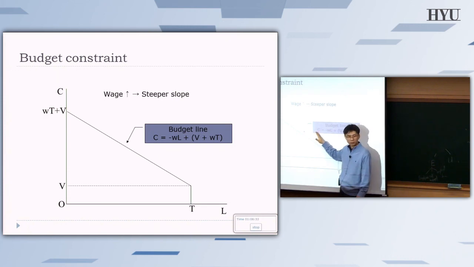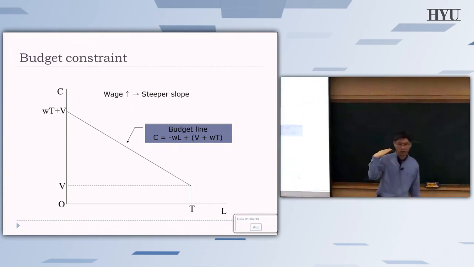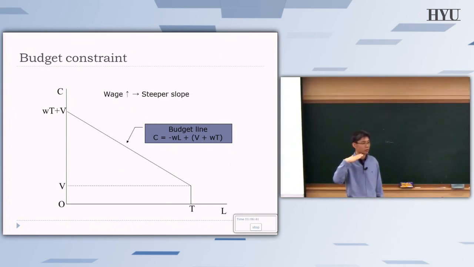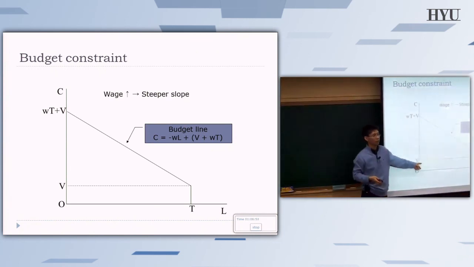When the wage goes down, it becomes flatter. So later, when the wage changes in the diagram, we just show it using a different slope. Wage going up makes the budget line steeper; wage going down makes it flatter. When you change non-labor income, what happens?